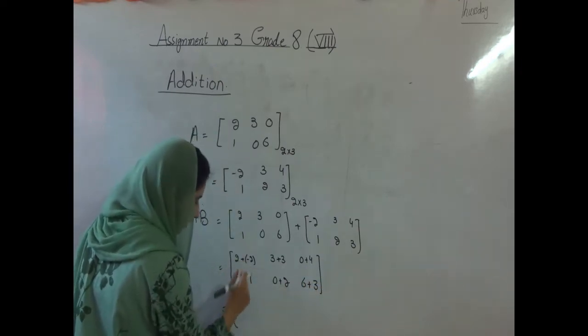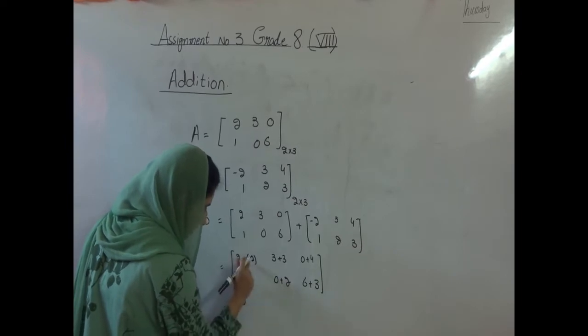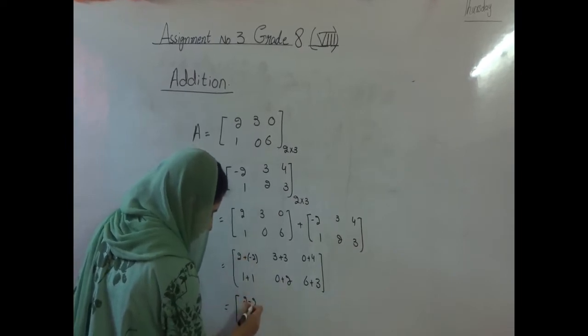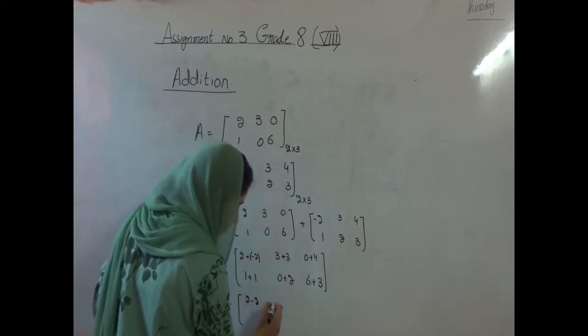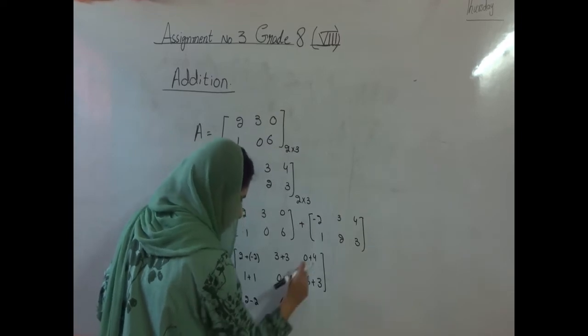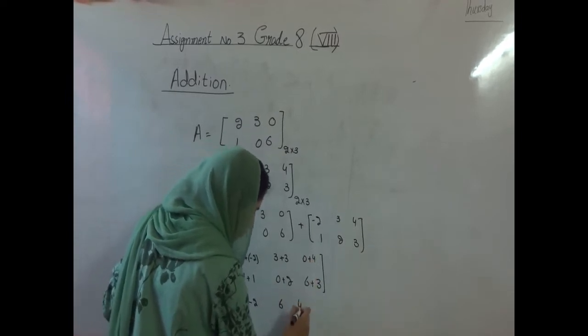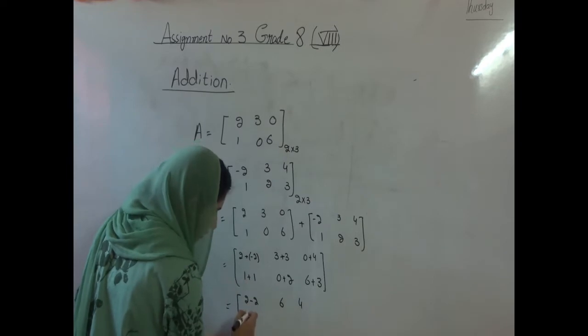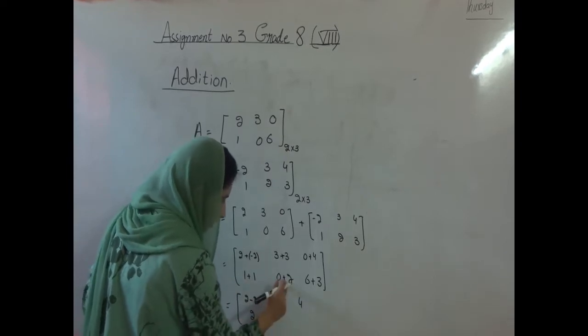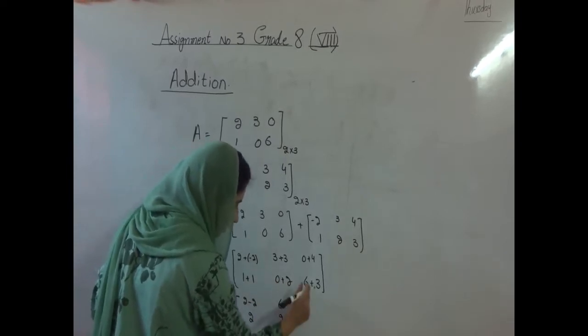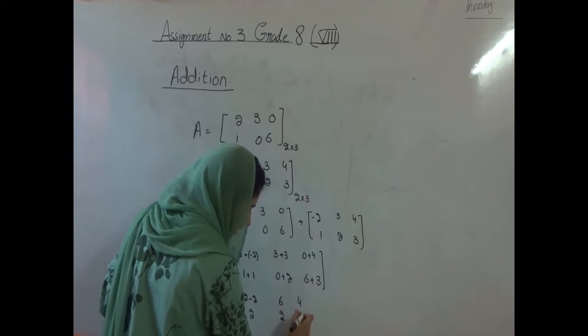Okay, 2, open the bracket, plus minus 2, 3 plus 3 is 6, 0 plus 4 is 4, 1 plus 1 is 2, 0 plus 2 is 2, 6 plus 3 is 9.